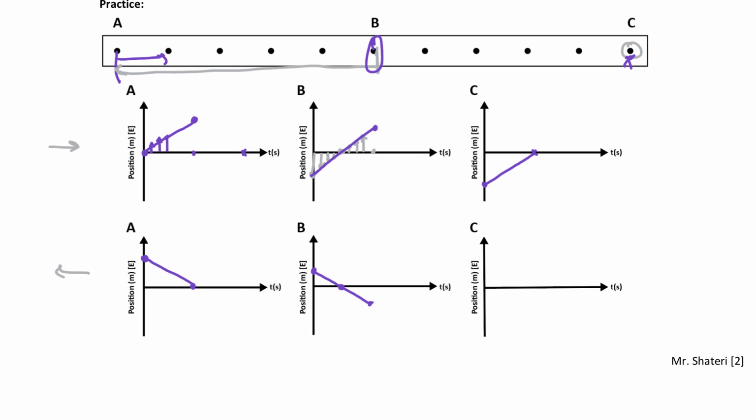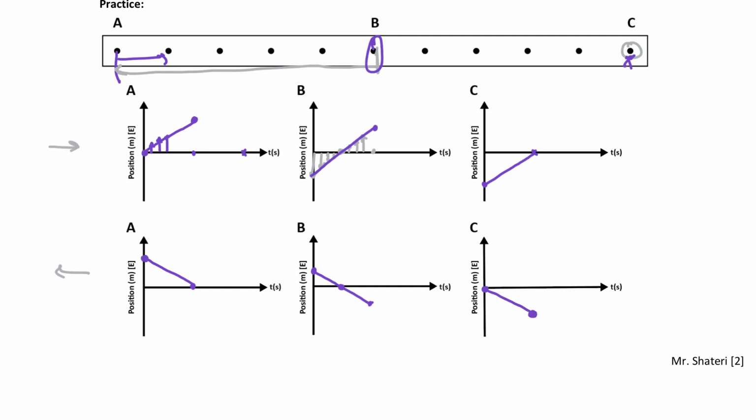And finally, if our reference point is C, and if we're moving in the west direction, initially we're at 0, and then we get further and further away in the negative direction. We're not traveling as much in time, so I'm going to draw that somewhere here.